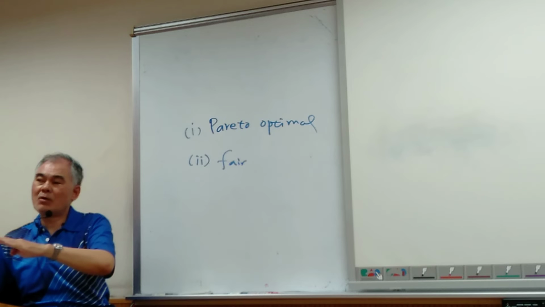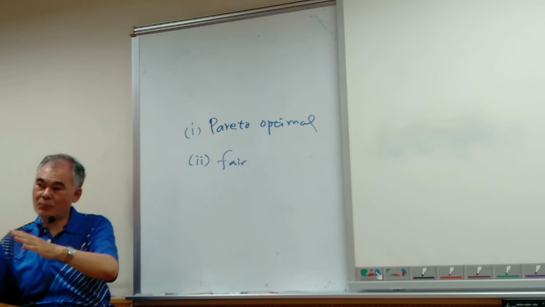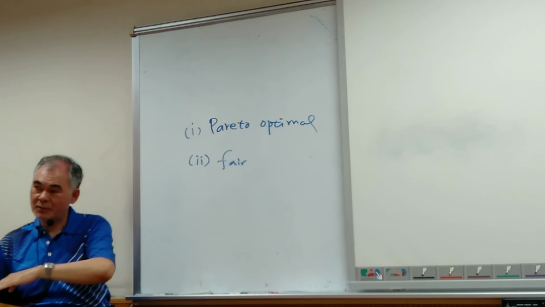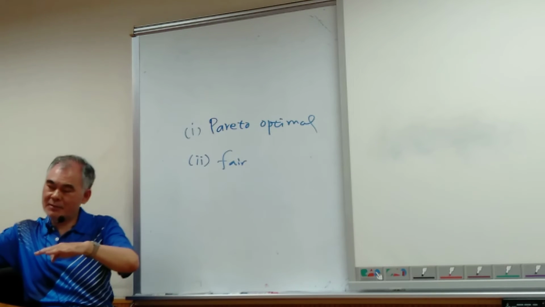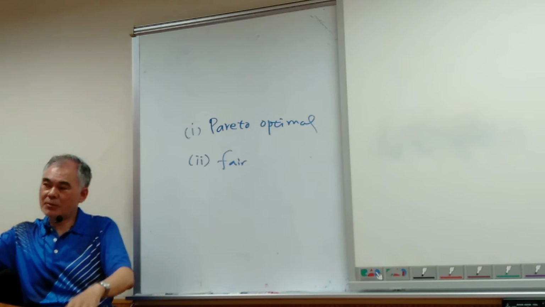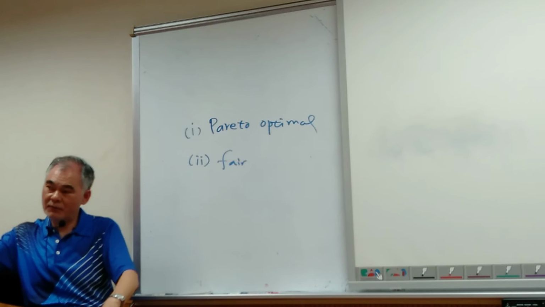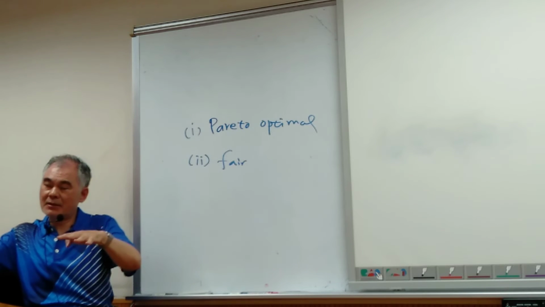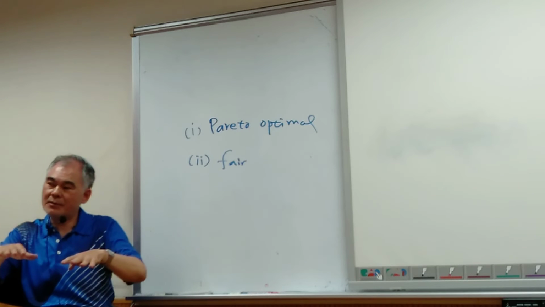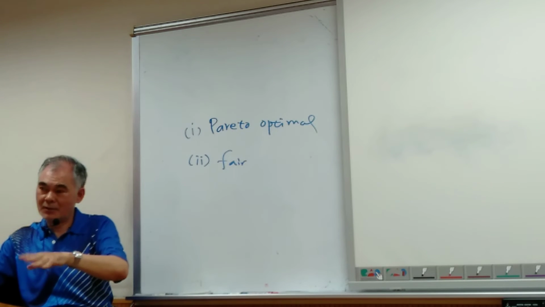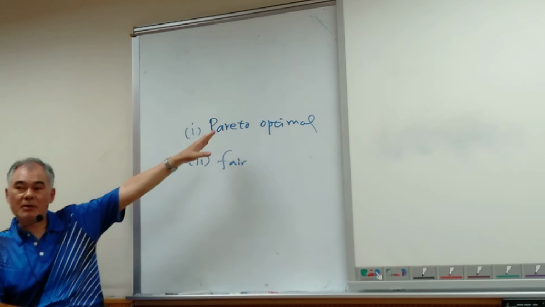Suppose you want to make someone better off, someone else will be hurt. If you want to get someone higher or better, someone's going to get worse off. So basically, it is a situation where there's no way you can exchange to get something better, because if someone gets better, someone else is going to be hurt. That's the first issue, Pareto optimal.